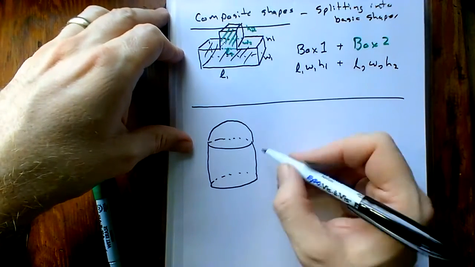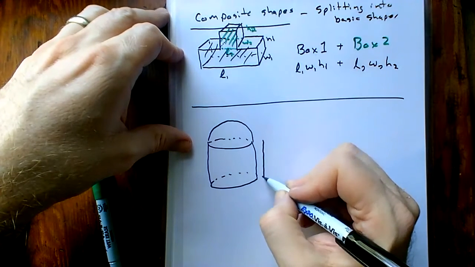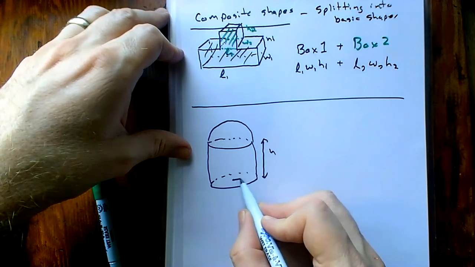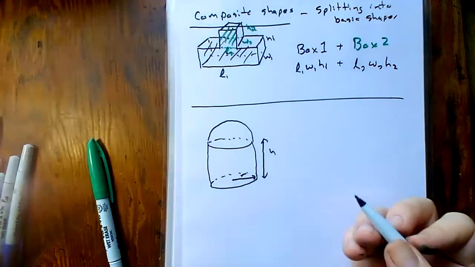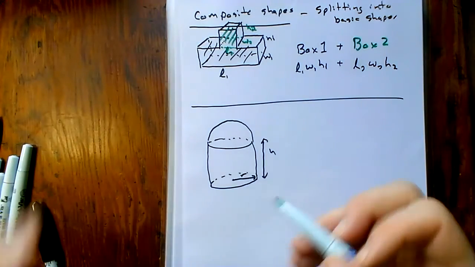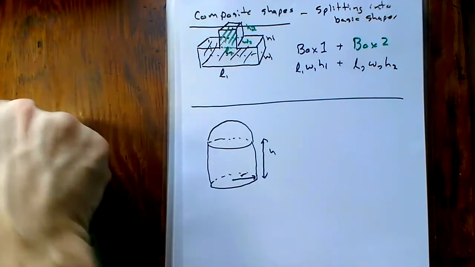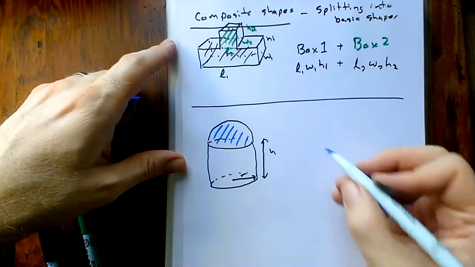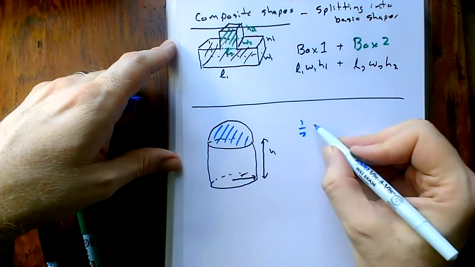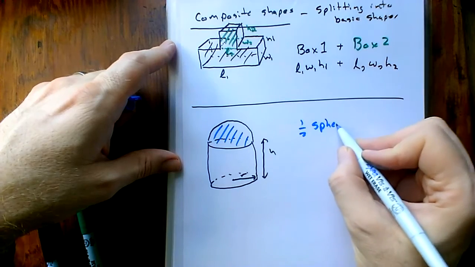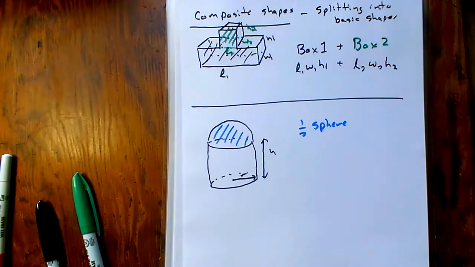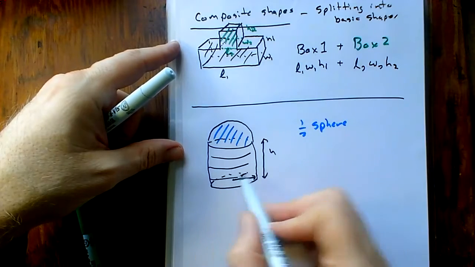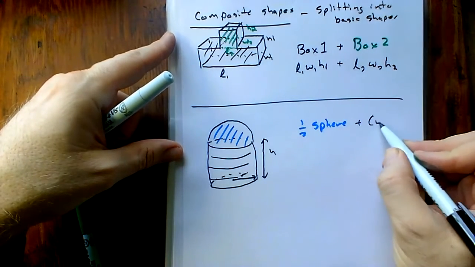And with that, you're going to end up with, say, a height and a radius. Well, here, when I look at this, I see literally half of a sphere. And then I would be adding to that my cylinder.